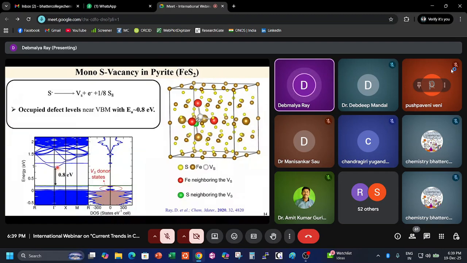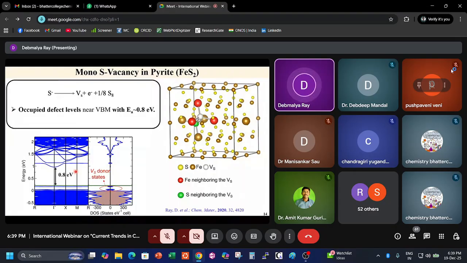So although we are getting an occupied defect state by creating one sulfur monovacancy, this state is not making the iron disulfide n-type because it is not close to the conduction band minimum. This was not just us who found it; before us, multiple groups found this, and they concluded that iron disulfide is not an n-type material.